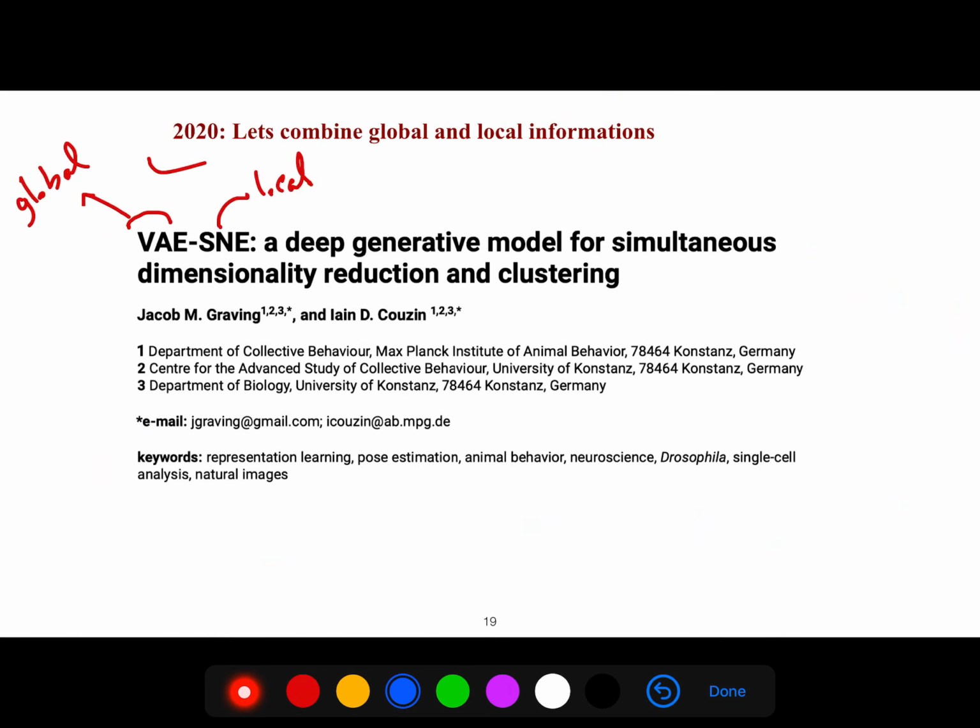And the other one is, let's combine global and local information. As I said, variational autoencoders are very good because they have an encoder, and we have some latent variable, let's say z. And they try to preserve, of course, in the context of semantic hashing, I have explained how to use mutual information to preserve these distances.